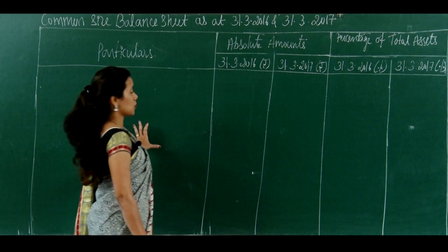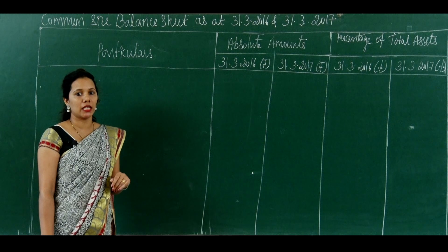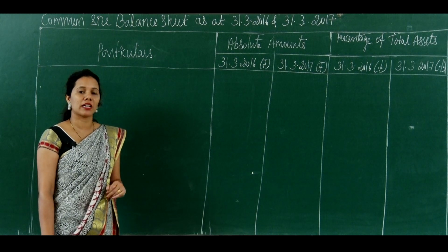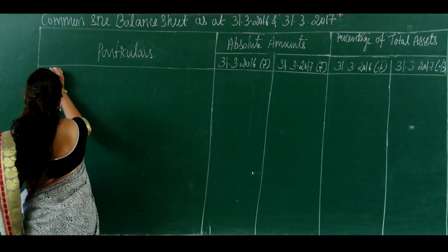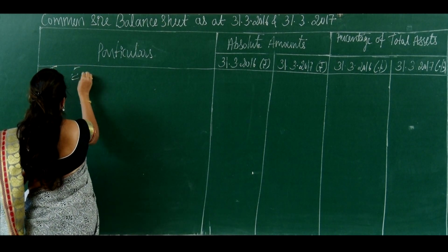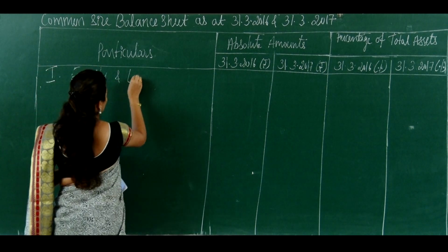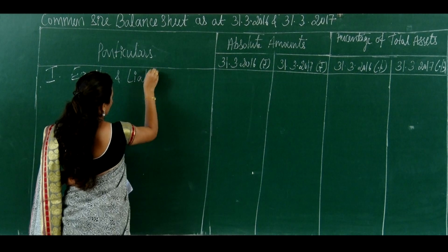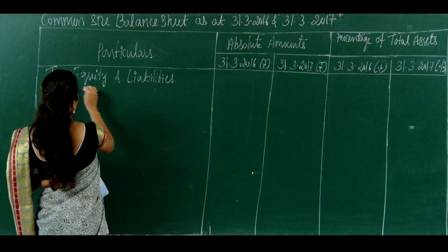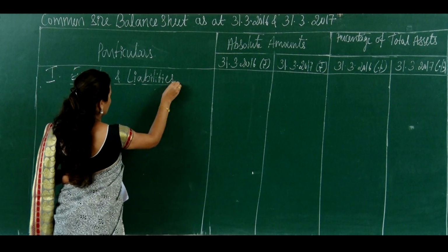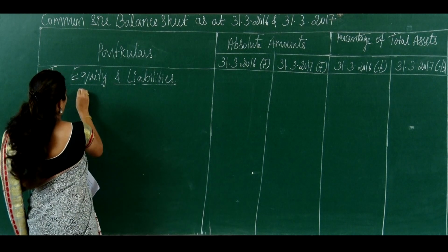So, first we will start with the liabilities, and liabilities are broadly classified into 3: shareholders fund, non-current liabilities and current liabilities. So, equity and liabilities. Under this, the first one is shareholders fund.